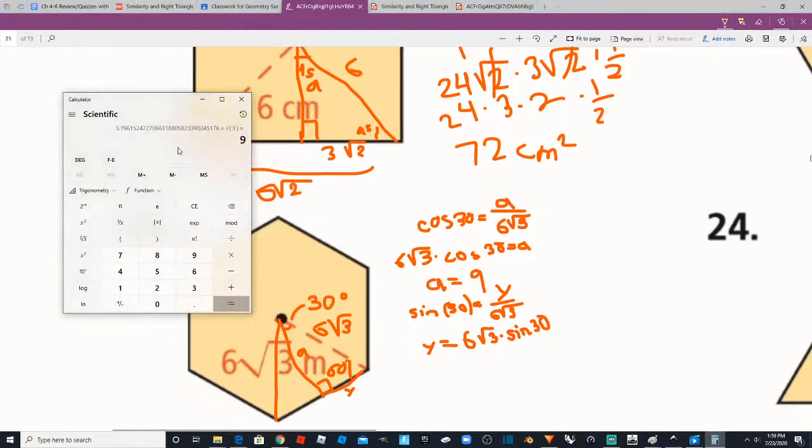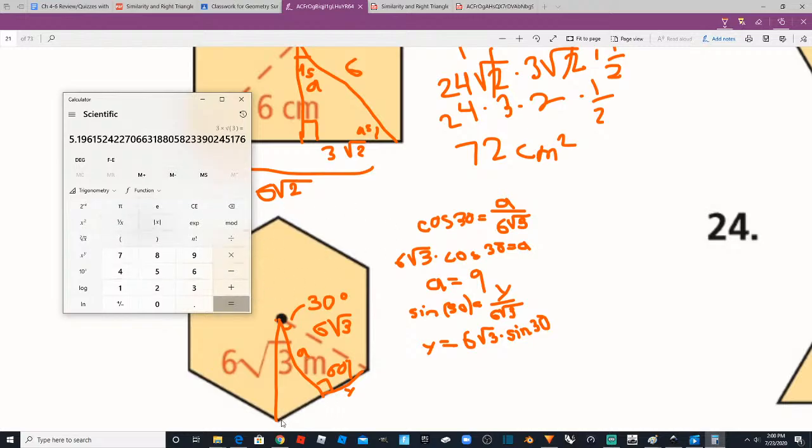So you have 9. We already have that there, so let's keep it there. And we have sine of 30. Comes out nice. Obviously I'm not using 30, 60, 90, so sine of 30 multiplied by 6 times 3 root, which will give me this long number.